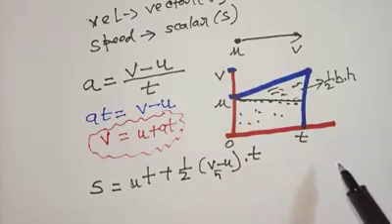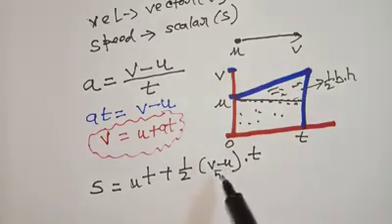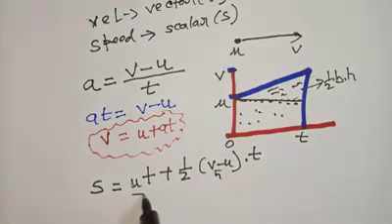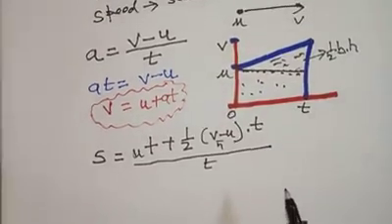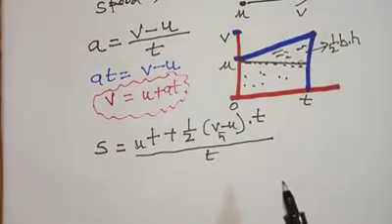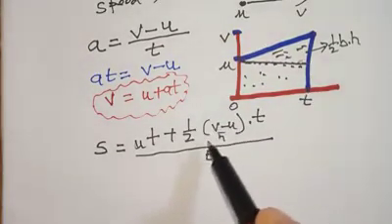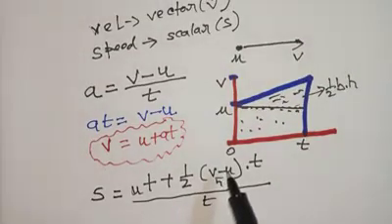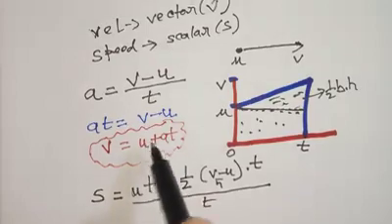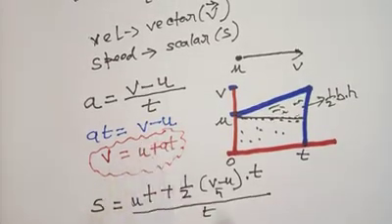So we get half of v minus u divided by t, where v minus u is the height and t is the base. Now we already know that v minus u is at.